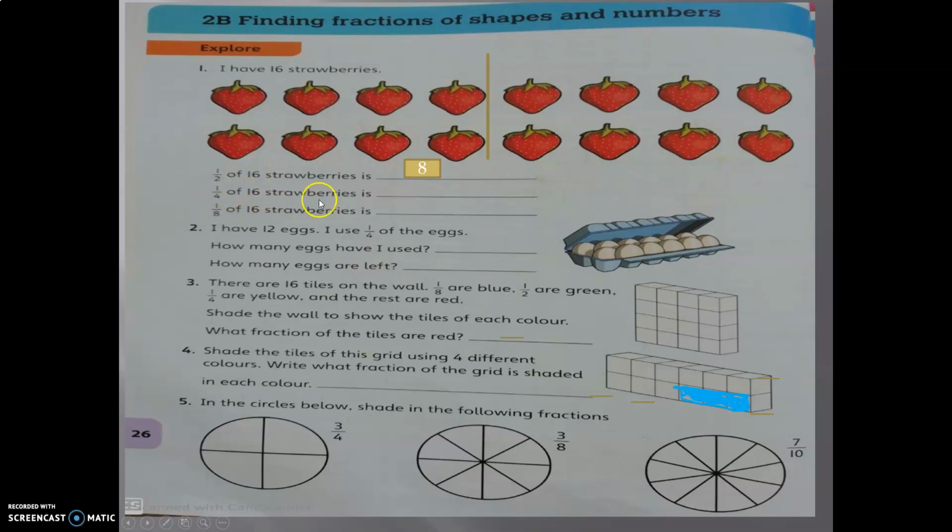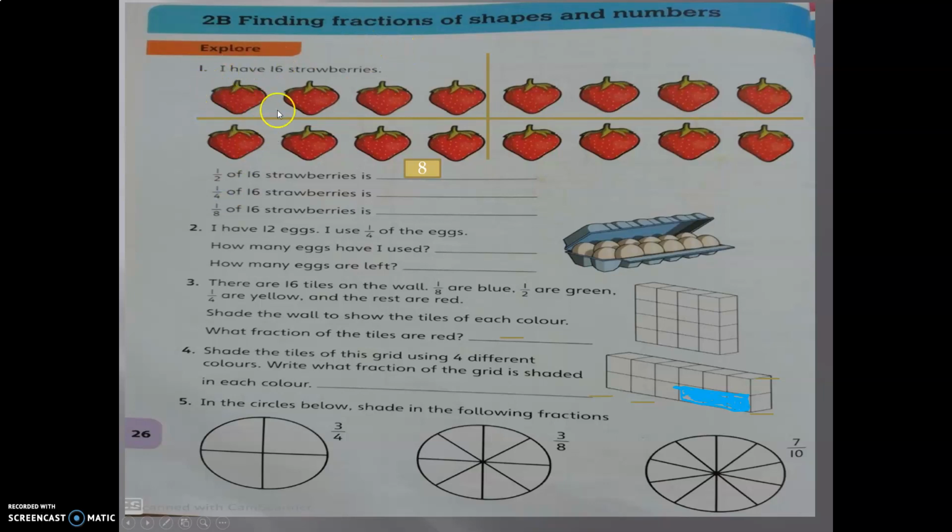Quarter of 16 strawberries is, okay, quarter or 1 out of 4. It means, if you look at the denominator, I need to cut my whole set of strawberries into how many equal parts? Into 4 equal parts. And now he is asking me about 1 out of 4.